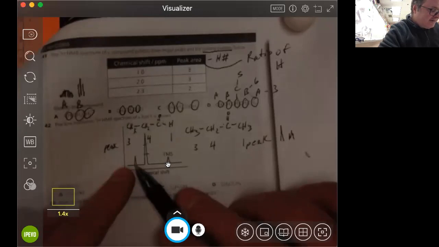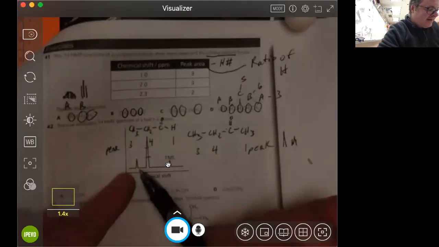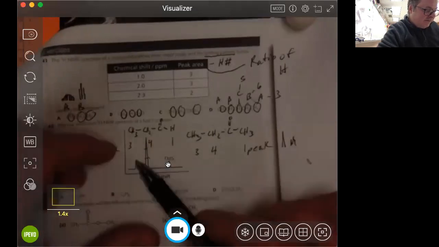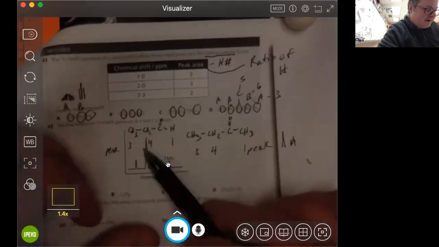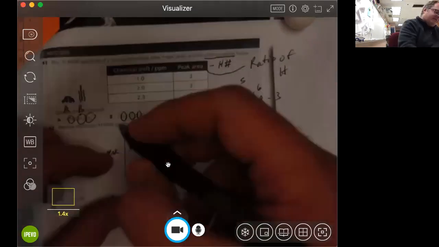If this is 1, what is this? More than 1. Okay, good. I think what they're talking about is the area under, basically how high this went up versus this one. If we knock that there, like 3 times, then yeah, it's a 1 to 3, right?